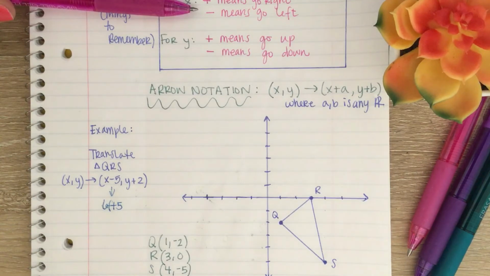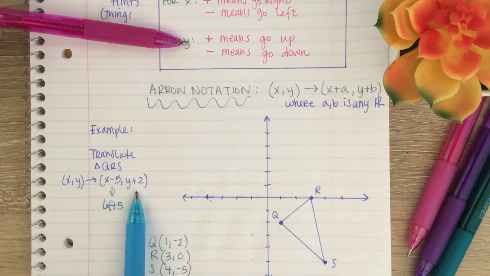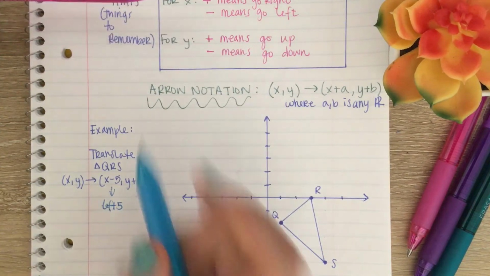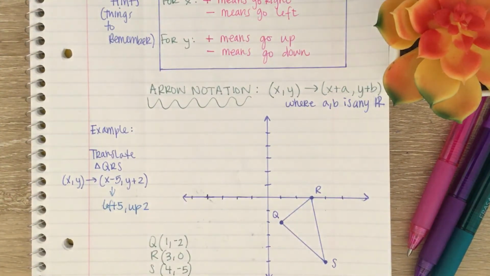If it was a plus 5, I would be going right 5, but it's a minus. So we're done with the x, and then we look at the y. The y says y plus 2. The plus means go up. So I'm going to rewrite this and put up 2. If that is easier for you, go ahead and do that. Rewrite your arrow notation using words and then translate your image.